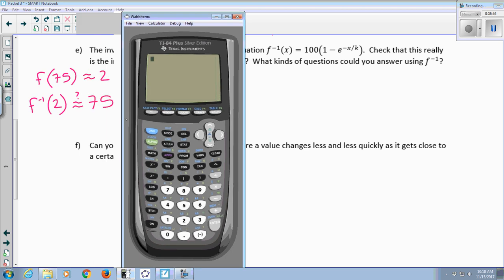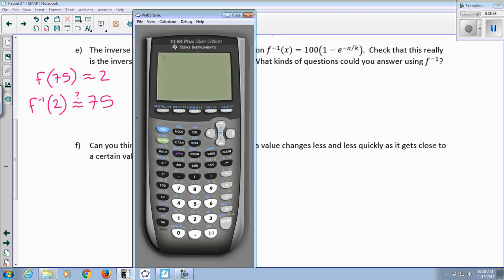So let's plug 2 into the formula for the inverse. So I have 100 times, open a parenthesis, 1 minus e to the negative x, so that's going to be negative 2, over k, and k was 1.443. Close the parenthesis.